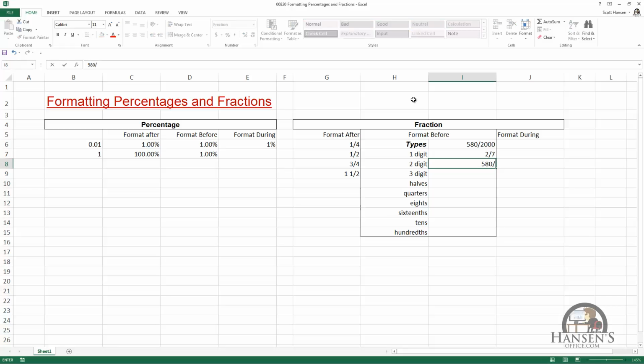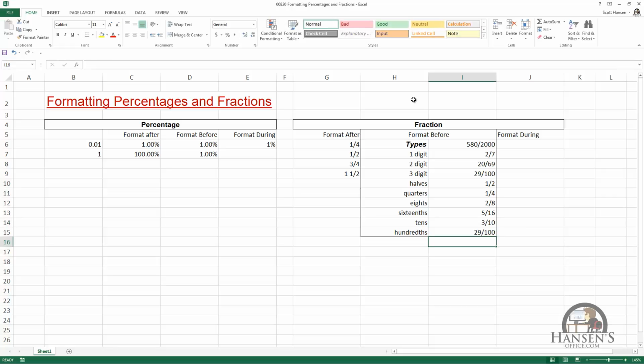The 2-digit rounding convention gives us 2 digits in the denominator. 3 gives us 3. We can also round this fraction to the nearest half, or the nearest quarter, or the nearest eighth, 16th, 10th, or hundredths.